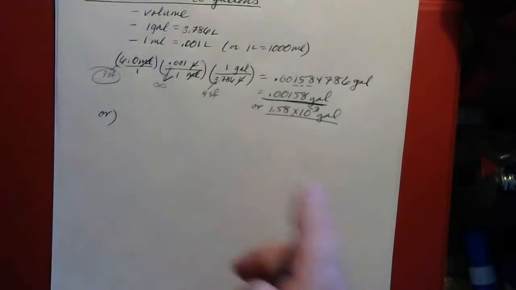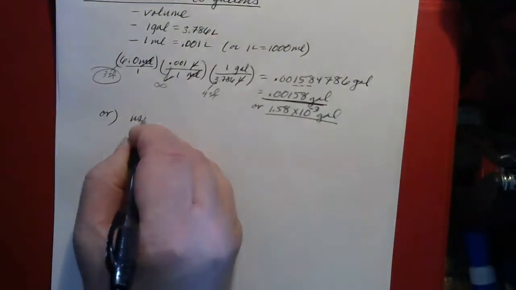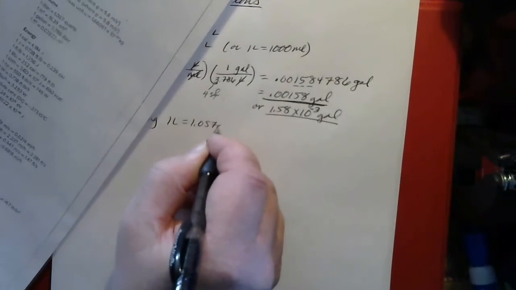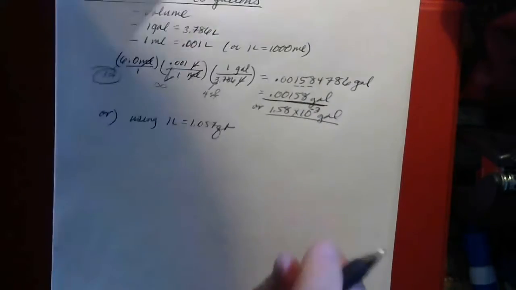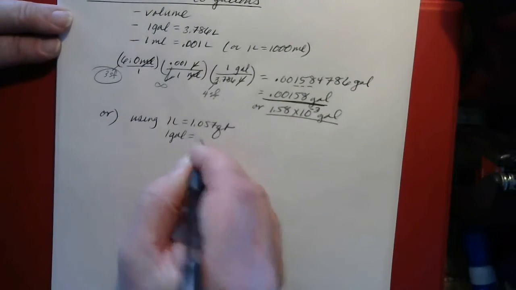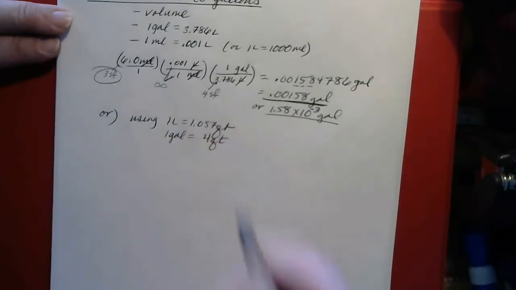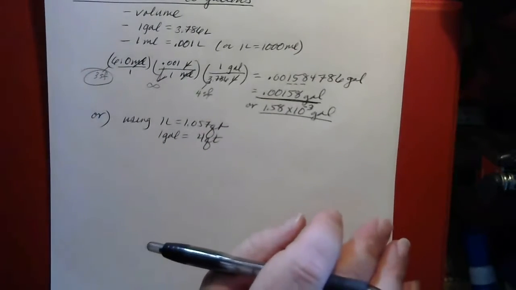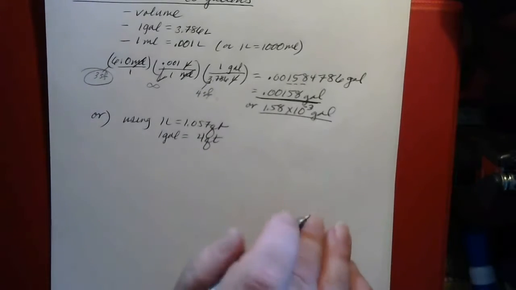So that we could use that too. Because 1 liter is 1.057 quarts. One gallon is 4 quarts. Again, that's why they call it a quart, because it's a quarter gallon.